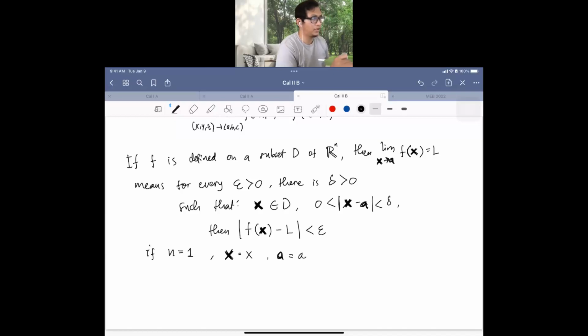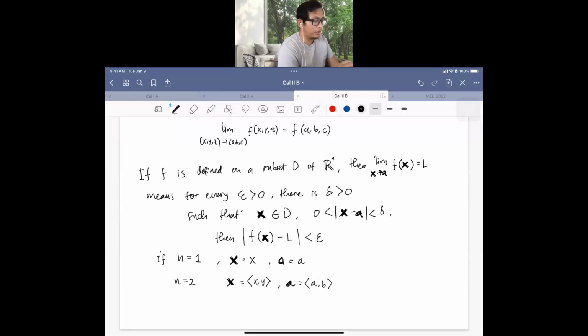A is equal to a. And if n equals 2, this x becomes (x, y), and A is (a, b). It's a vector notation.